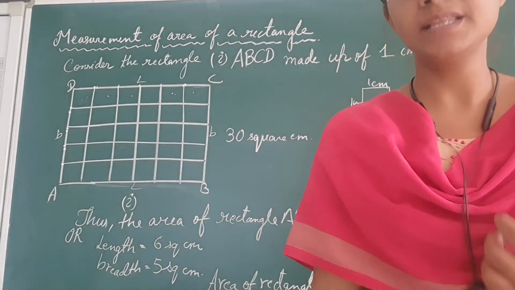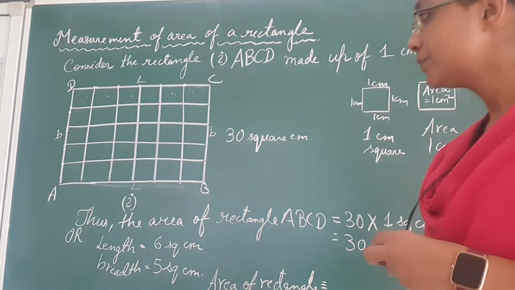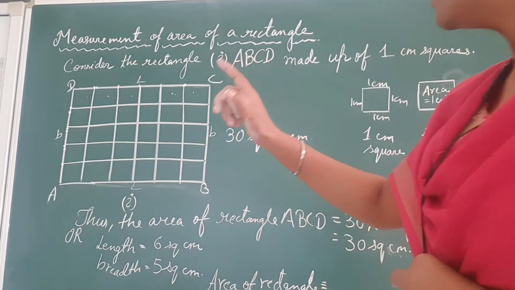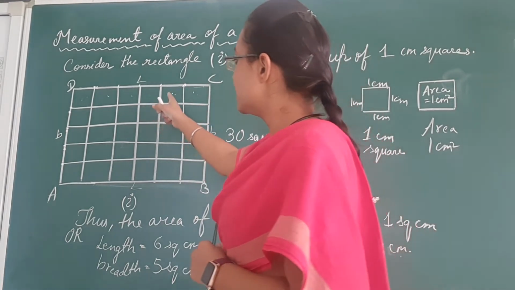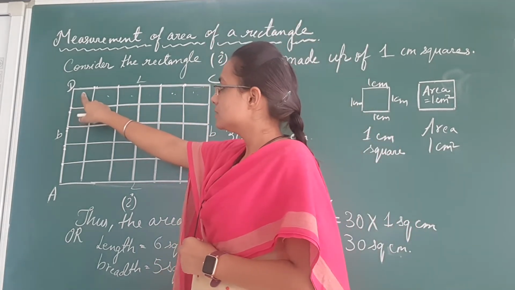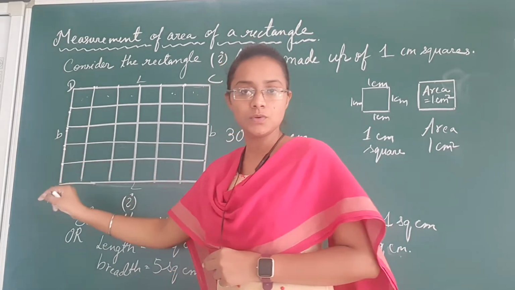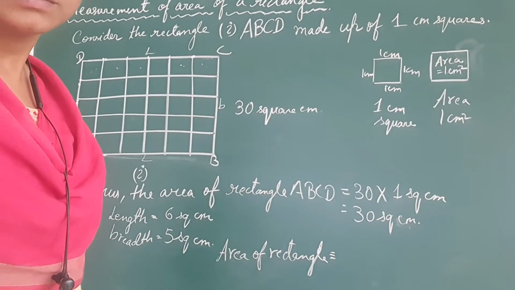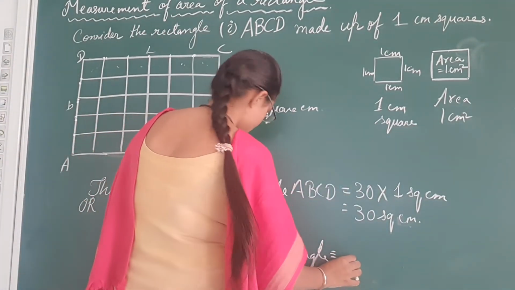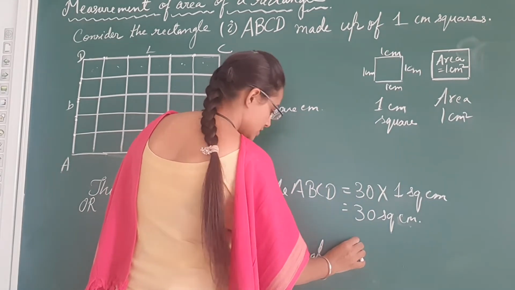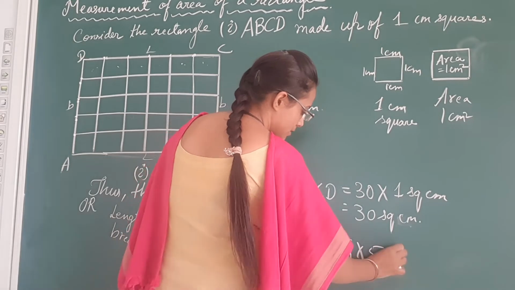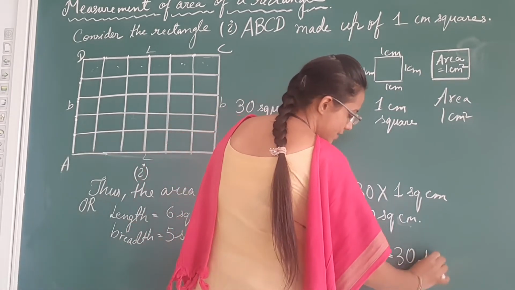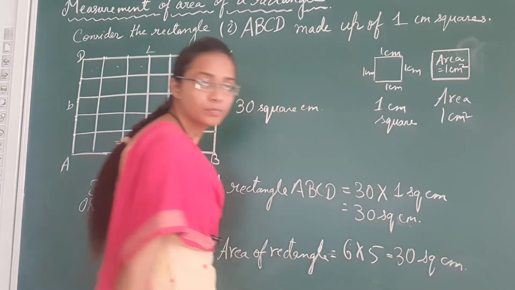By multiplying the number of squares present in a row by the number of rows. That is 6 into 5, that is equal to 30 square centimeters.